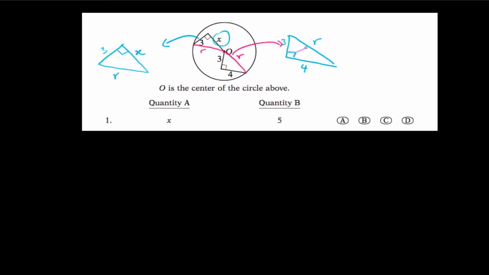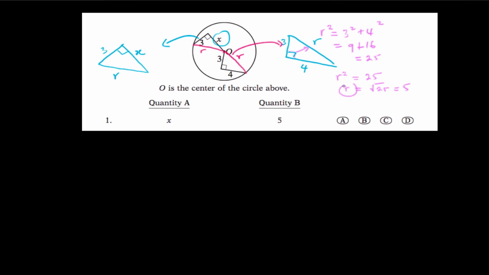It says that the square of the hypotenuse, that is the side of the triangle facing 90 degrees, equals the sum of the squares of the other two sides. That is 3 squared plus 4 squared. So you'd obtain 9 plus 16, and that's going to give you 25. So R squared equals 25, which implies that R equals the square root of 25, and that's going to be 5.